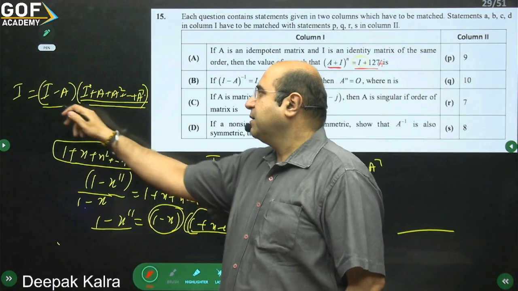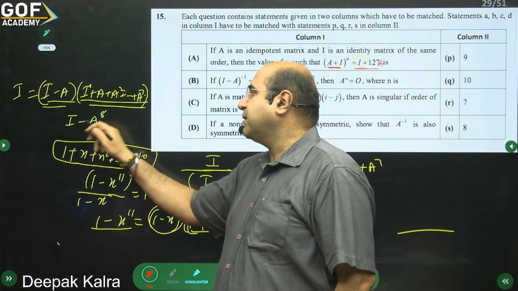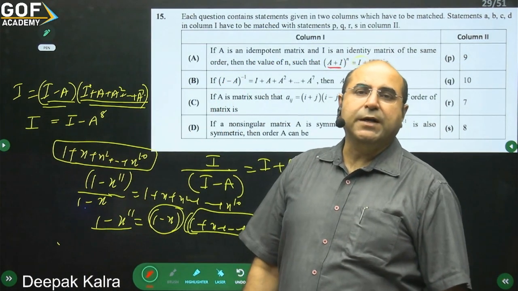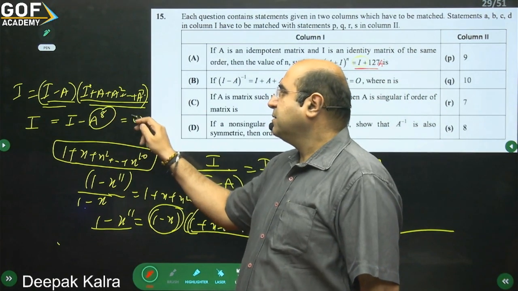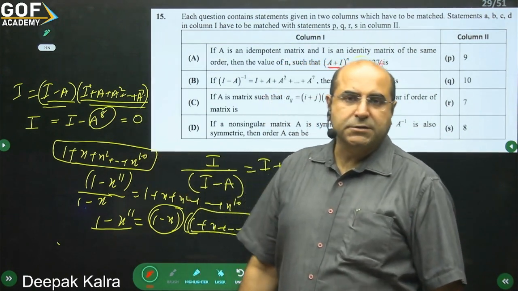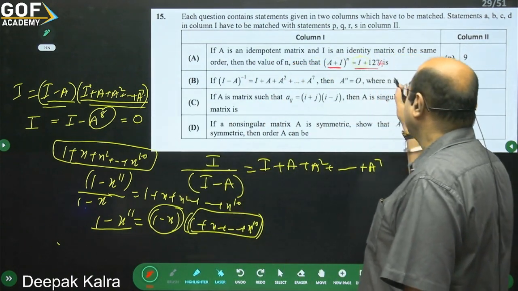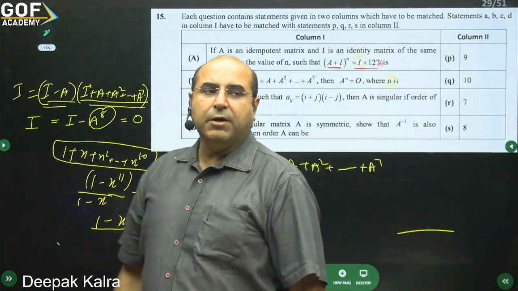When you multiply with this, it will get I minus A power 8. They are giving equal to I. Your A power 8 should be 0, a null matrix, to balance the equation. Your n should be 8. You got it?